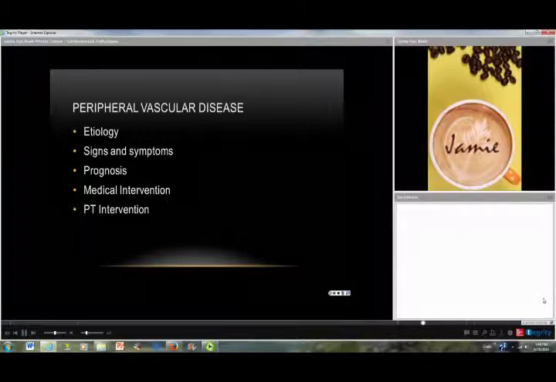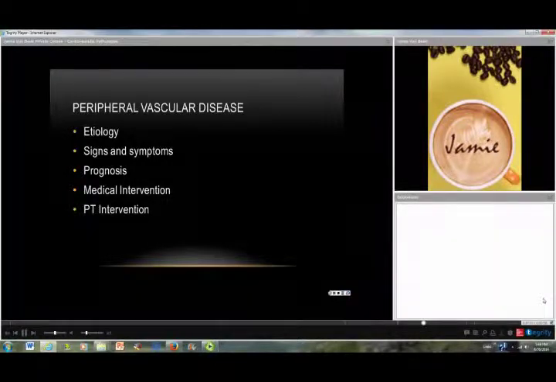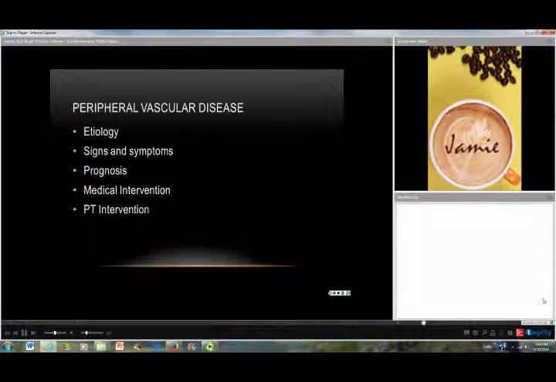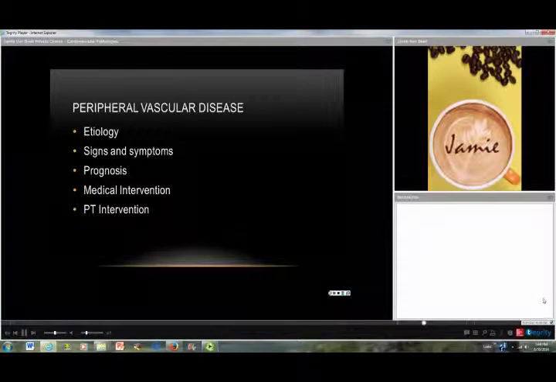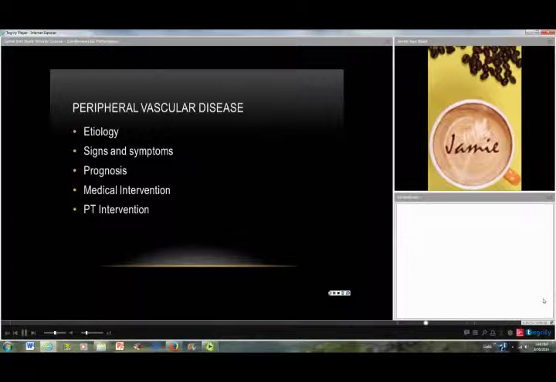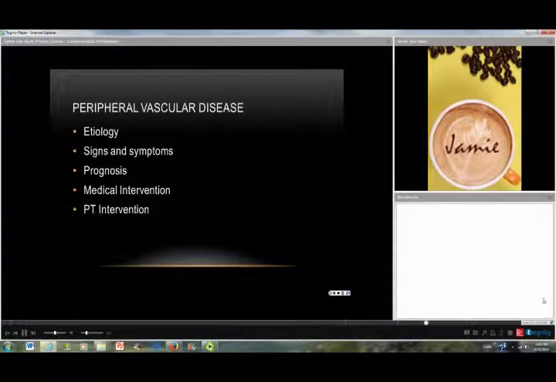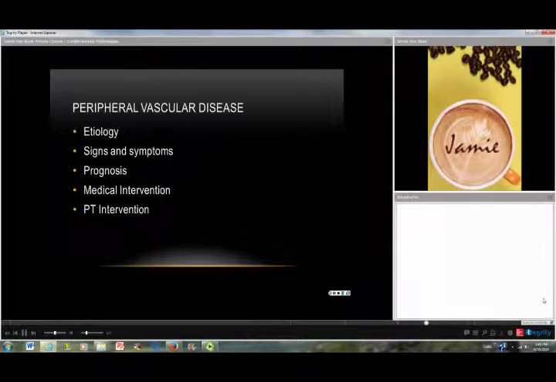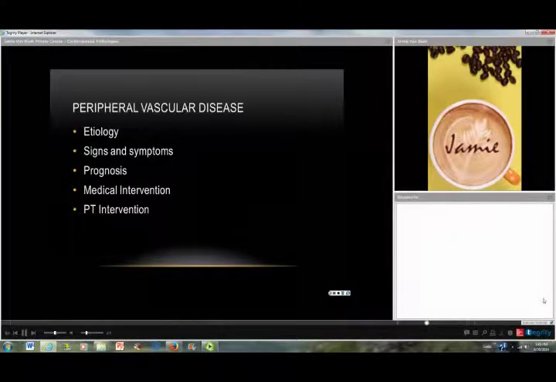Let me just tell you a little bit about what we can do. Physical therapy is mainly related to the complications resulting from it. So we can help with range of motion. We can help with movement of the legs.